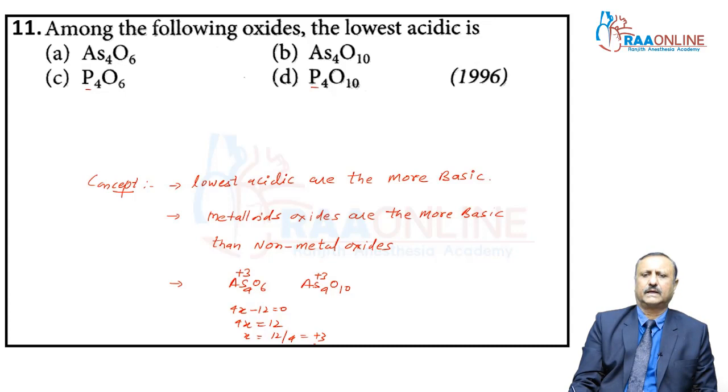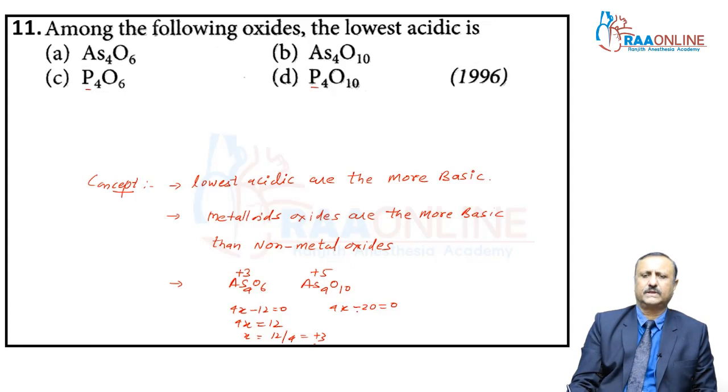Here you can calculate the oxidation state in As4O10 in this way, 4x minus 20 is equal to 0.